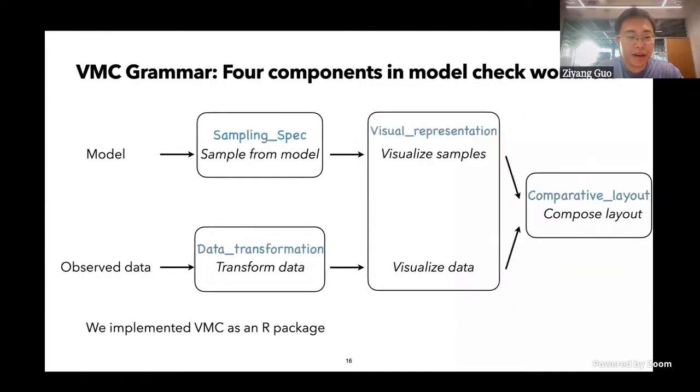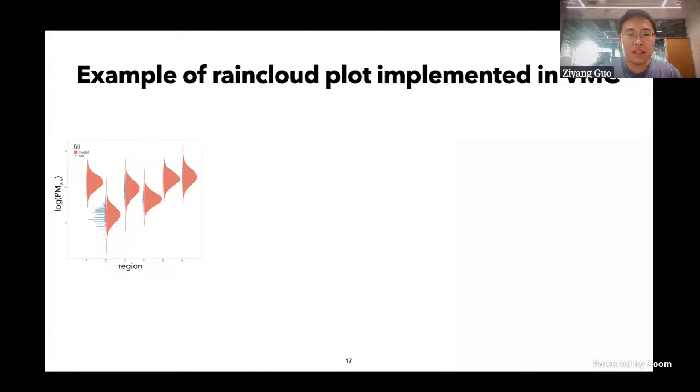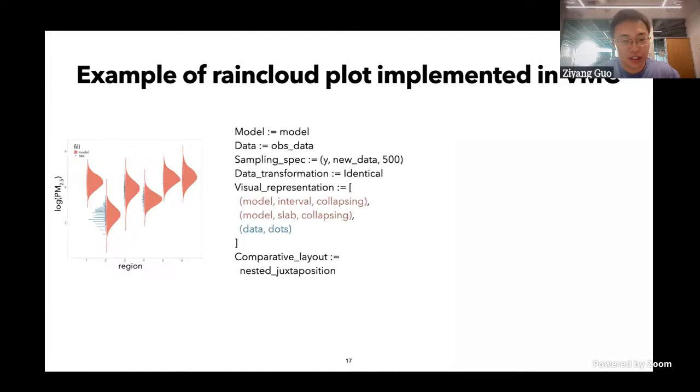Yeah, and we implement our grammar VMC in an R package. So here is an example of the ring cloud plot that I showed earlier, with its grammar components. So you can see there are 3 different visual representation layers. They control the visual layers upon the model prediction and the observed data.